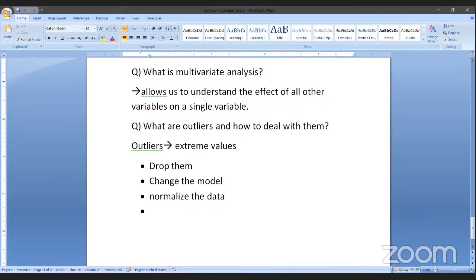Or we can use algorithms which are not affected by outliers. So the most famous example of this is random forest.